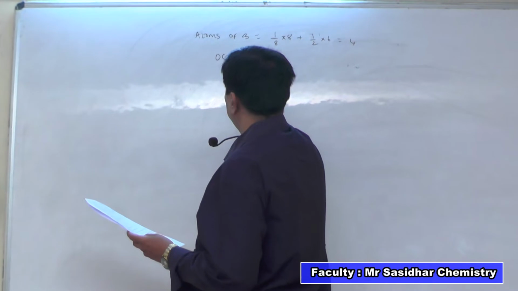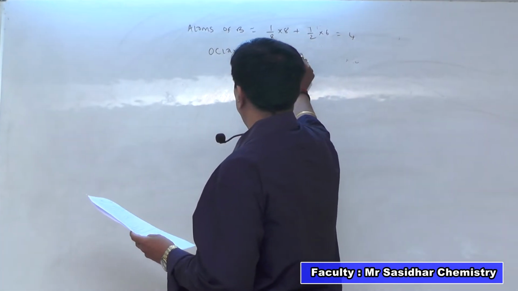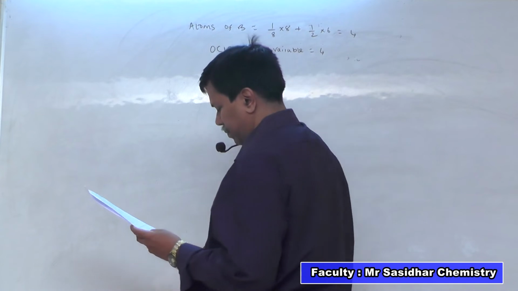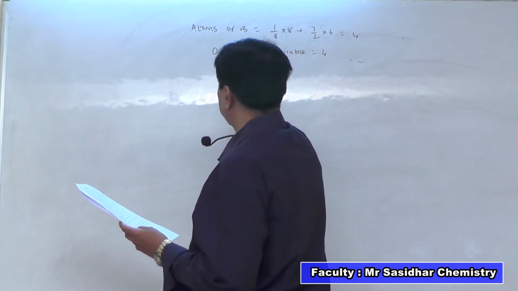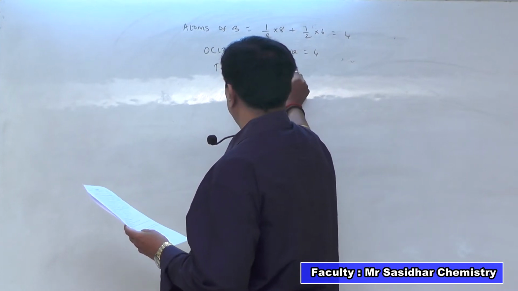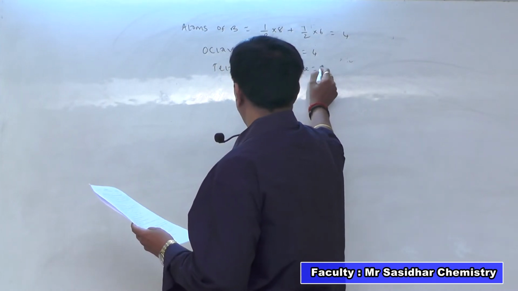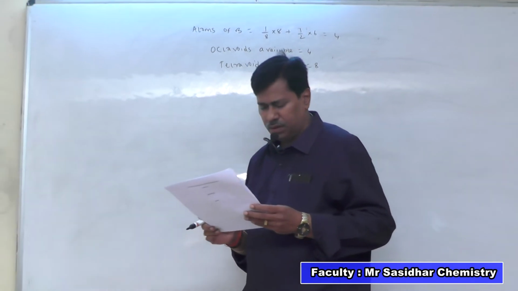Octavoids available will be 4, while tetravoids available will be 8. Okay.